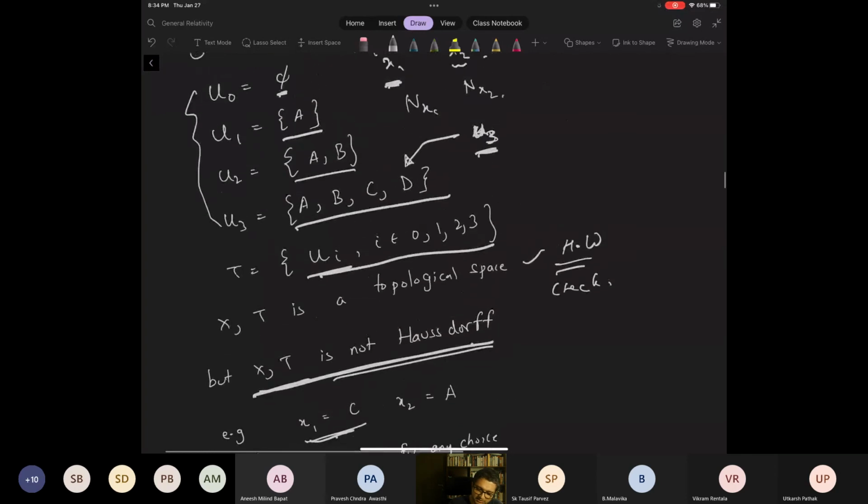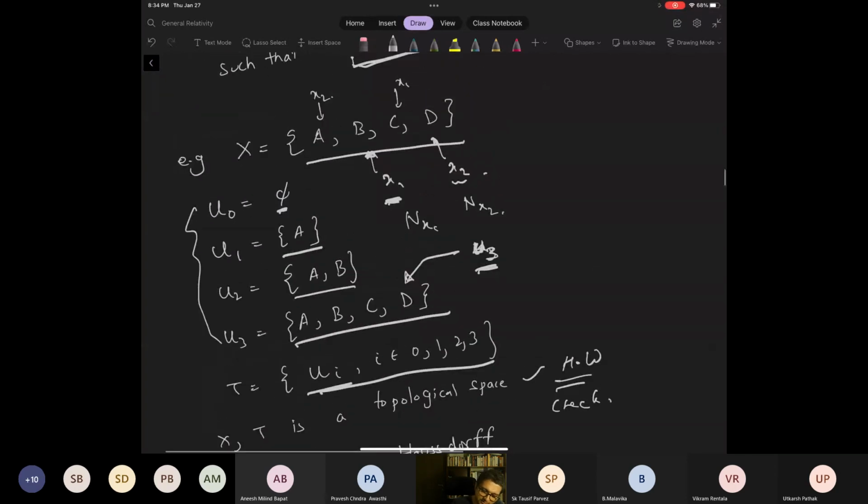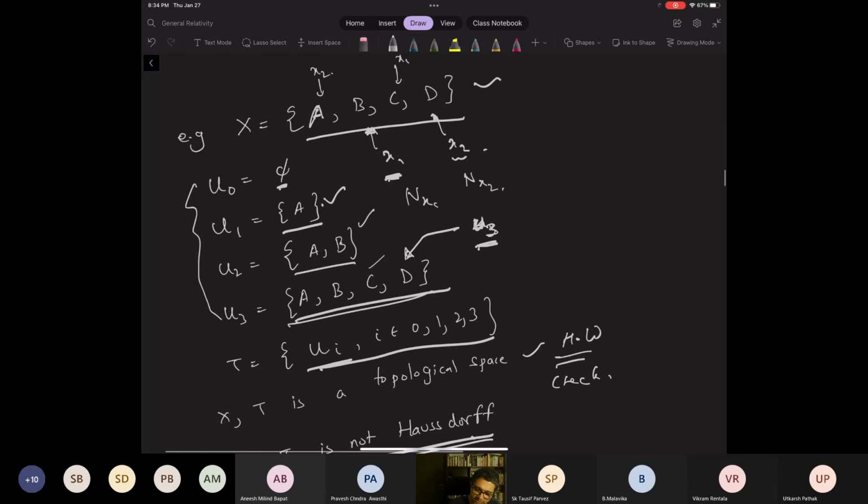Now what that means is if I take x2 and any neighborhood of x2, that neighborhood will be either U1 or U2 or U3, and the intersection of U1, U2 or U3 with U3 is non-zero. It's not an empty set, and therefore this X with this topology is not Hausdorff.